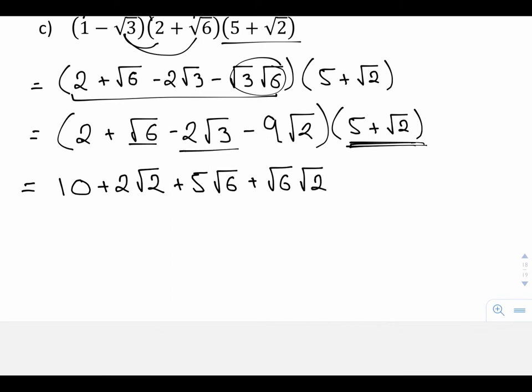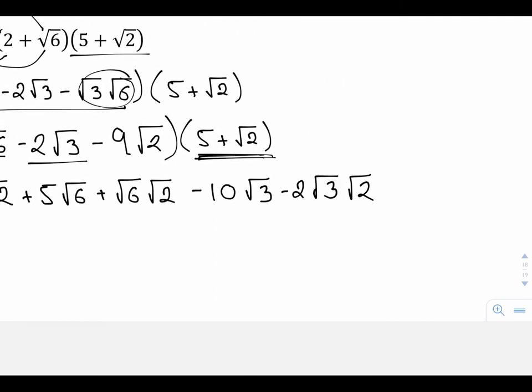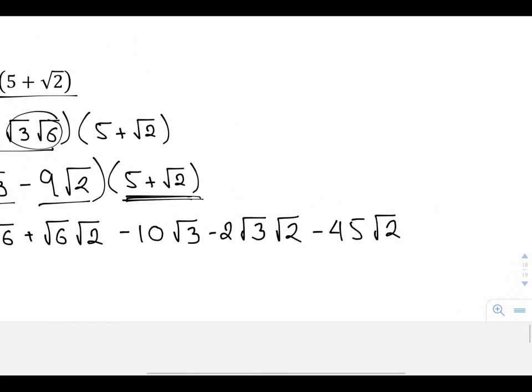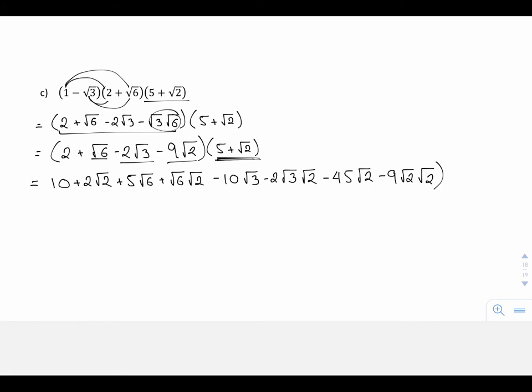Next is the negative 2 root 3, which gives me negative 10 root 3 minus 2 root 3 root 2. And finally, the negative 9 root 2 will give me negative 45 root 2 and minus 9 root 2 root 2. Close bracket. Very long. Like I said, there's 8 terms in total here.